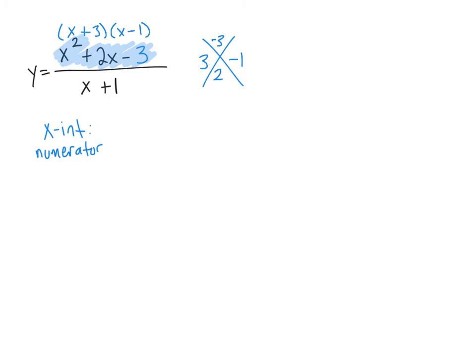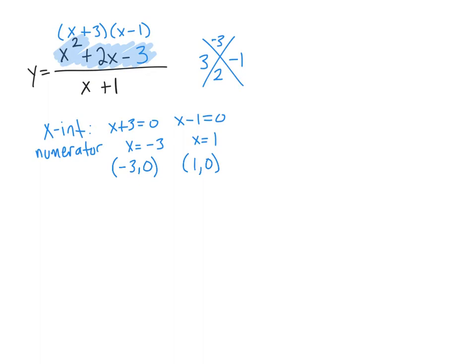That means my x-intercepts are when x plus 3 equals 0 and when x minus 1 equals 0. So x is -3 and x is positive 1. I factored the top, then set each one of those equal to 0, and boom, there are my x-intercepts. I should write these in intercept form, so (-3, 0) and (1, 0).